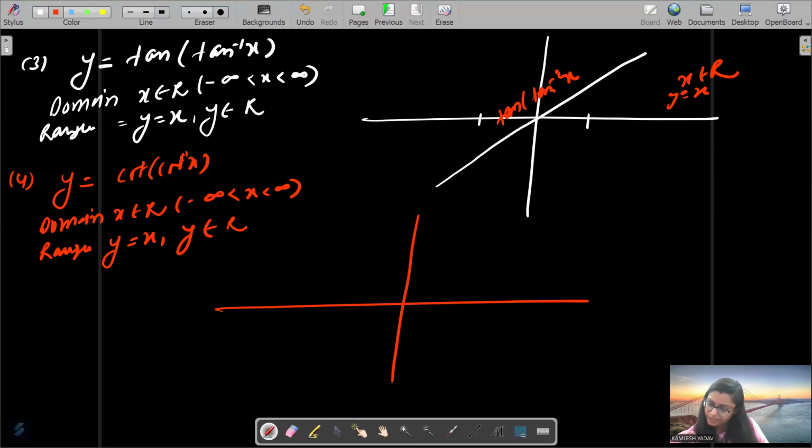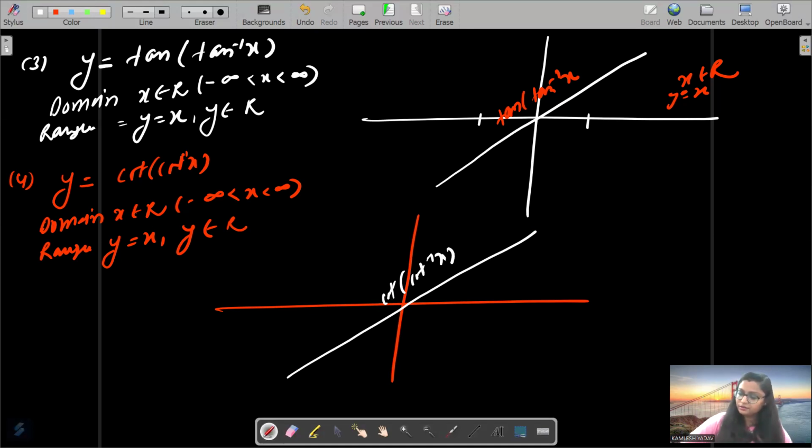Very simple. y is equal to x and x belongs to R. So this is the graph of cot of cot inverse x, right? Then we go for the next question.